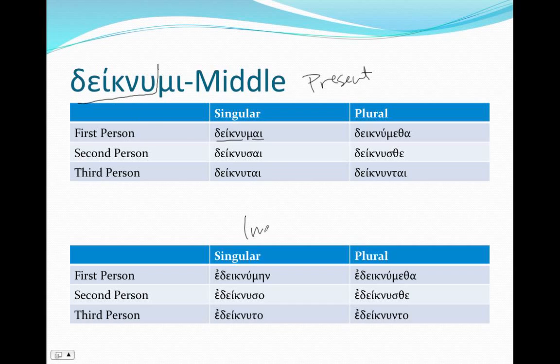And in the imperfect middle and passive, epsilon augment again, just like always. ἐδεικνύμην, ἐδείκνυσο, ἐδείκνυτο, ἐδεικνύμεθα, ἐδείκνυσθε, ἐδείκνυντο. So they're athematic because there is no theme vowel on there. I can't stress that enough.